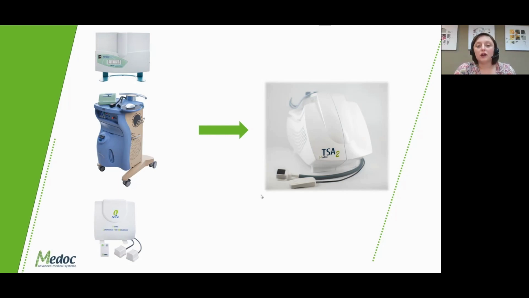Those of you who have the pathway device or had this device in the past, TSA2 can do anything pathway couldn't, even a bit more. TSA2 has all the thermodes that the pathway had, and this really allows you to test for anything you were doing with your pathway previously.